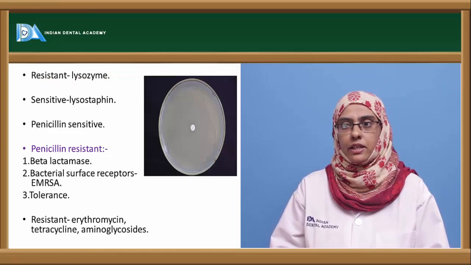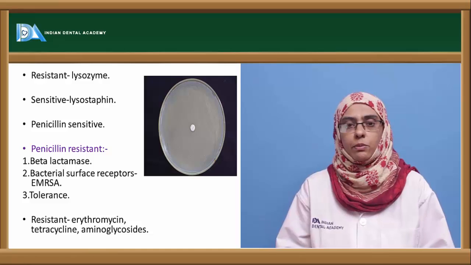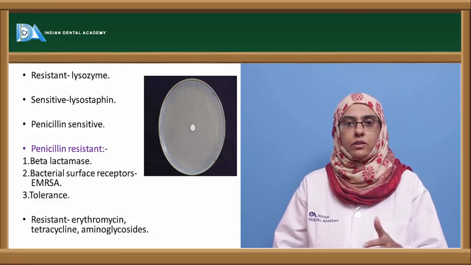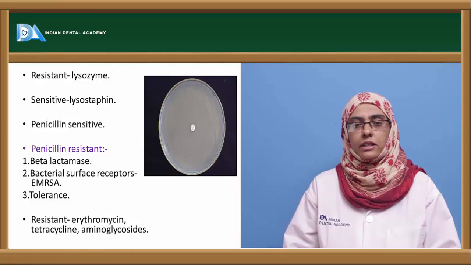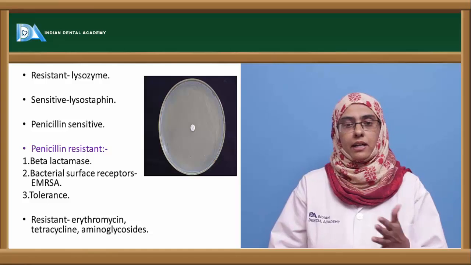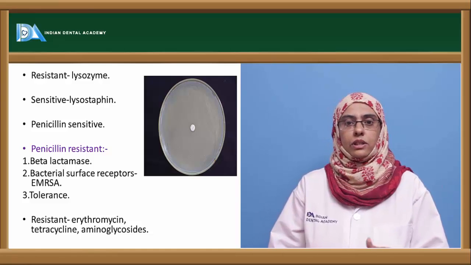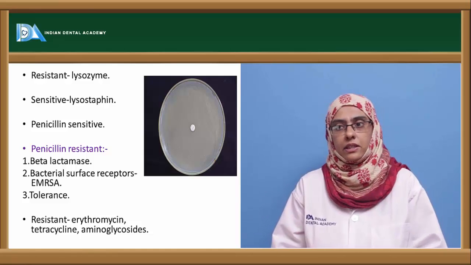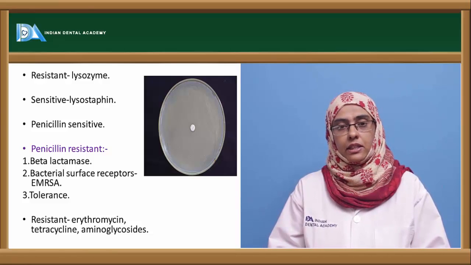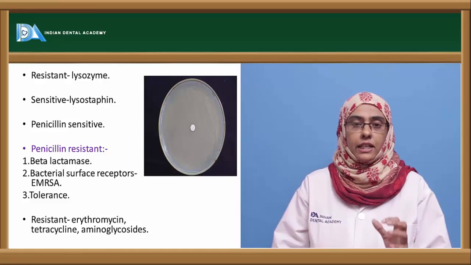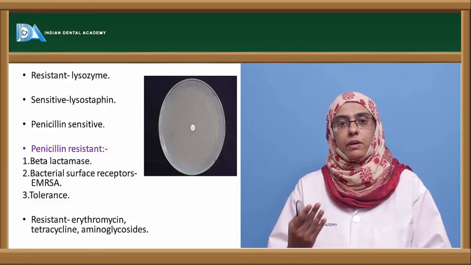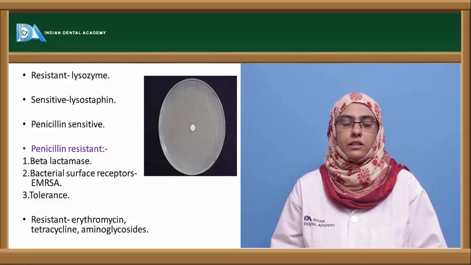Highly unsaturated fatty acids can kill the coagulase positive organism, and they show resistance towards lysozyme. Lysozyme is an enzyme that usually inhibits organisms by acting on the peptidoglycan layer. These organisms have developed resistance towards lysozyme, and they are sensitive to lysostaphin, a complex enzyme produced by Staphylococcus epidermidis.